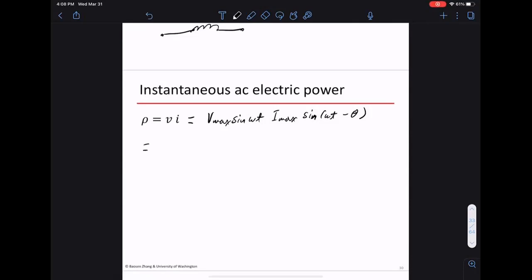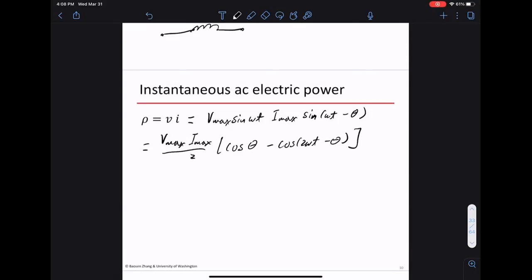A more convenient way is to say that when you multiply two sine waves, through some trig identity, it becomes this form.